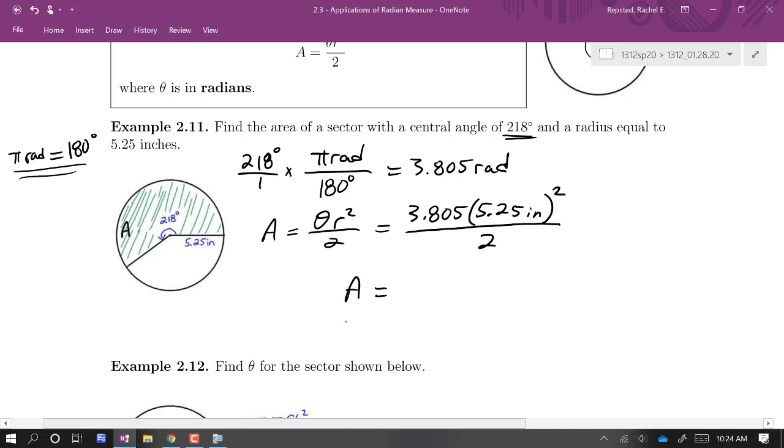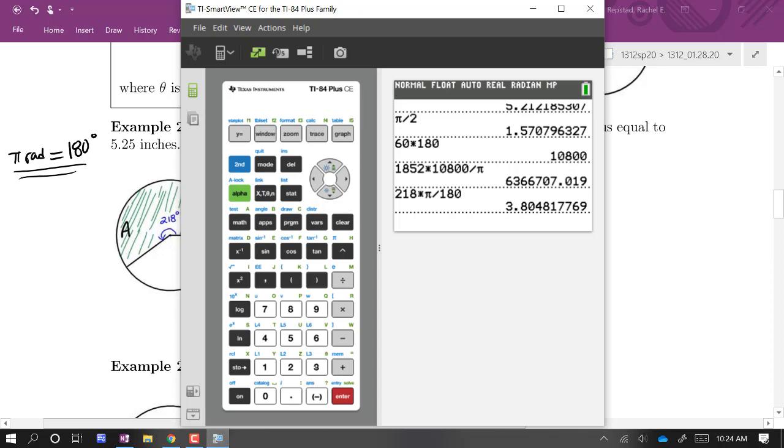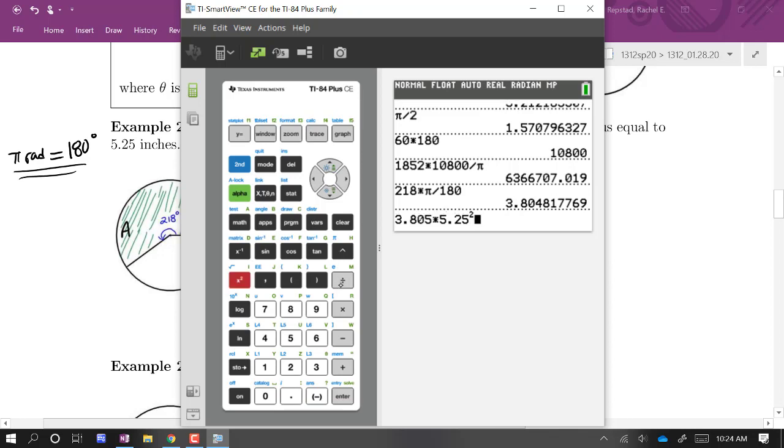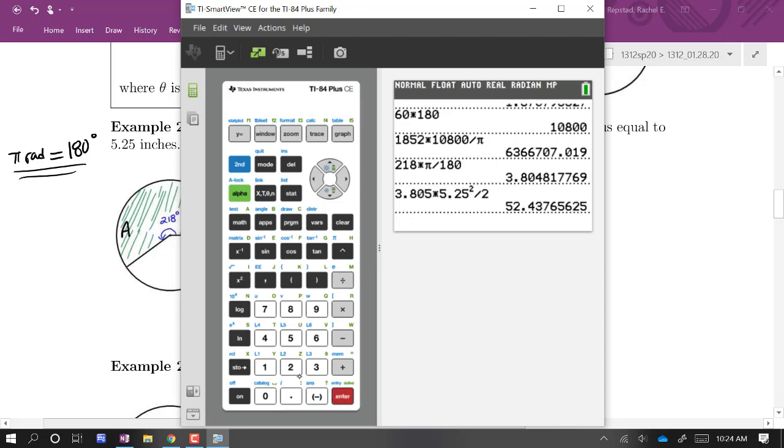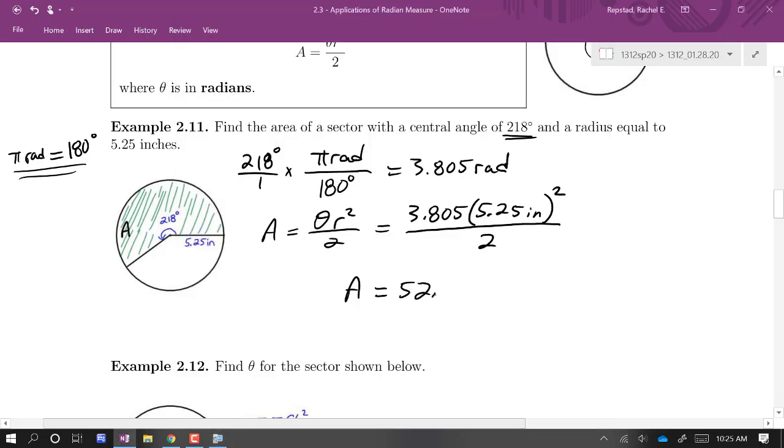Some people choose to write in rad, and that's fine, but just understand they are dimensionless. They add nothing to the units in your final answer. So 3.805 times 5.25 squared divided by 2 gives us 52.44 square inches.